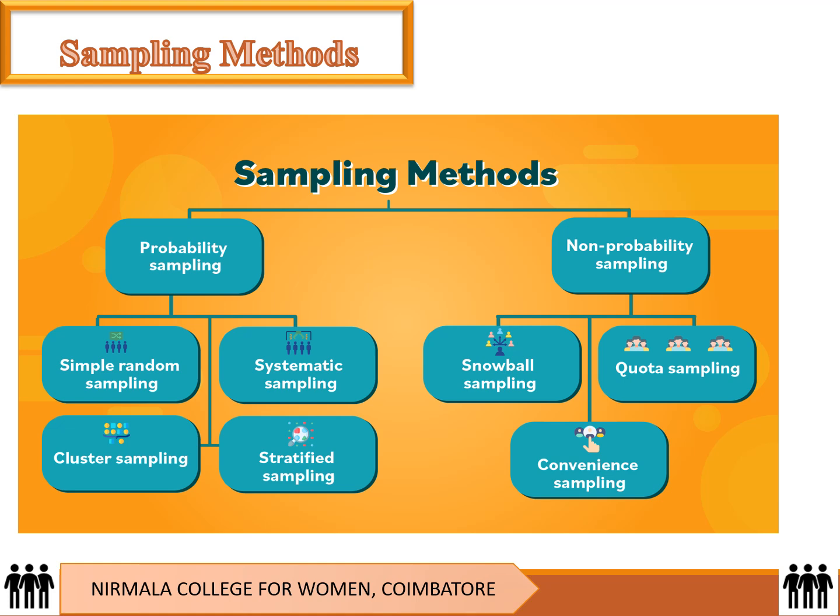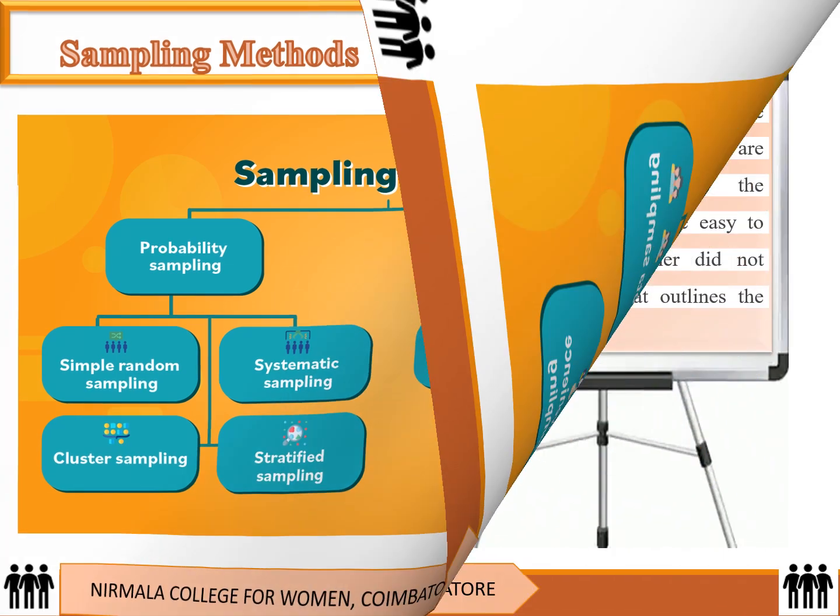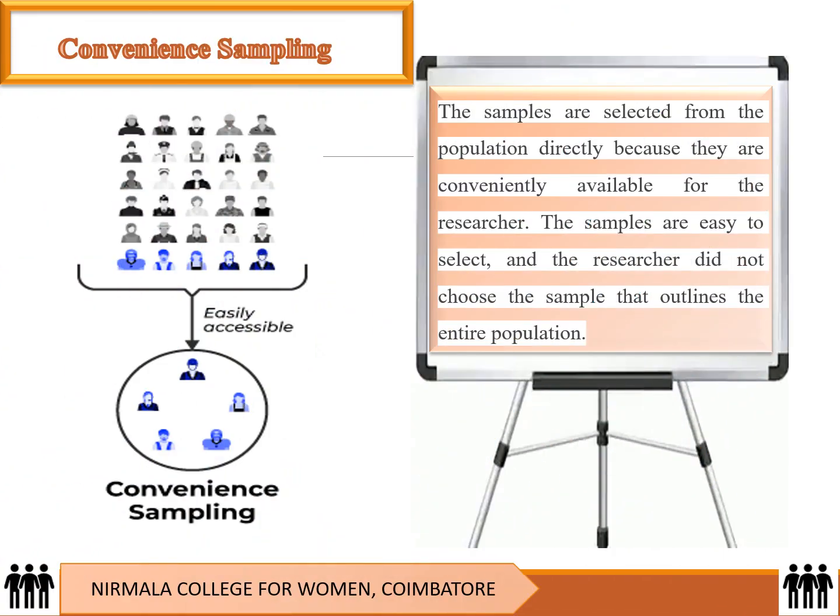Furthermore, this non-probability sampling is also classified into different types like snowball sampling method, quota sampling method, convenience sampling method, judgmental or purposive sampling method. So let us learn one by one. So first is convenience sampling.